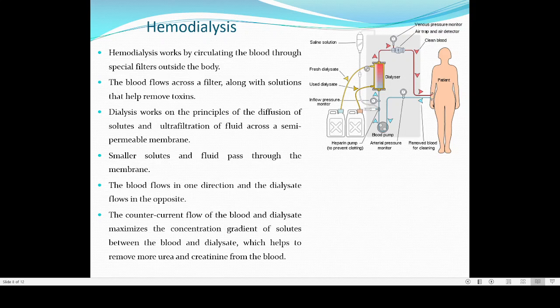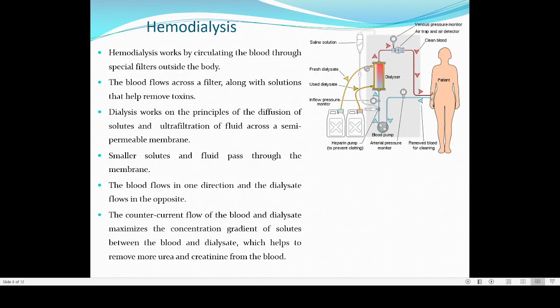So this is how dialysis is normally done. One tube is connected with the vein, another is connected with the artery.